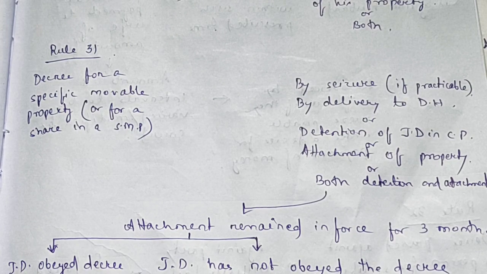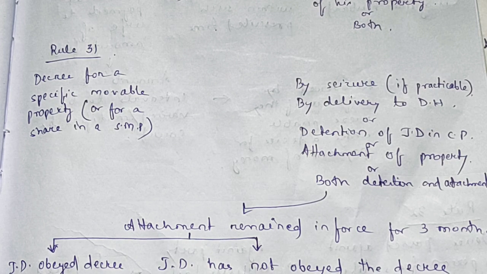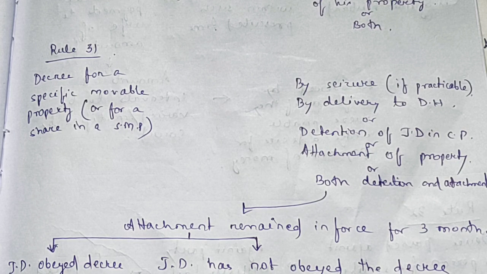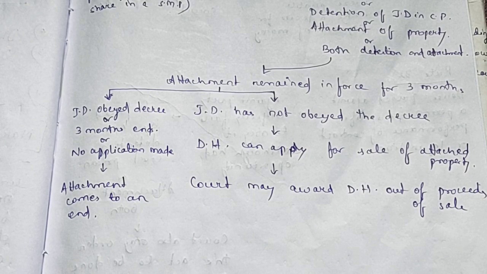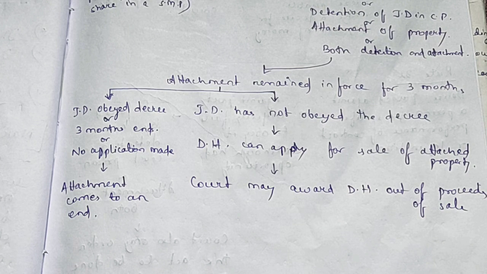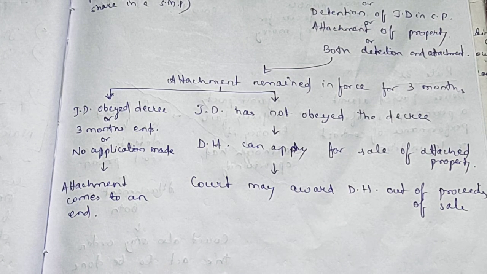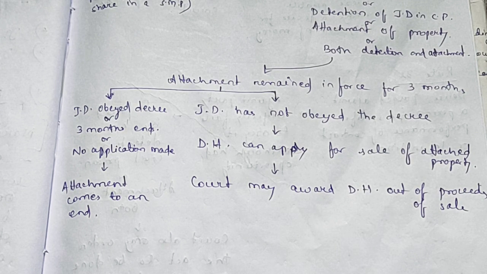Likewise, Rule 31 says decree for a specific movable property or for a share in a specific movable property. So how is it executed? By seizure if practicable, also by delivery to the decree holder, or detention of judgment debtor in civil prison, or attachment of property of the judgment debtor, or by both detention and attachment. If there is attachment and such attachment has remained in force for 3 months, then there are two courses open: the judgment debtor has obeyed the decree, or he has not obeyed the decree.